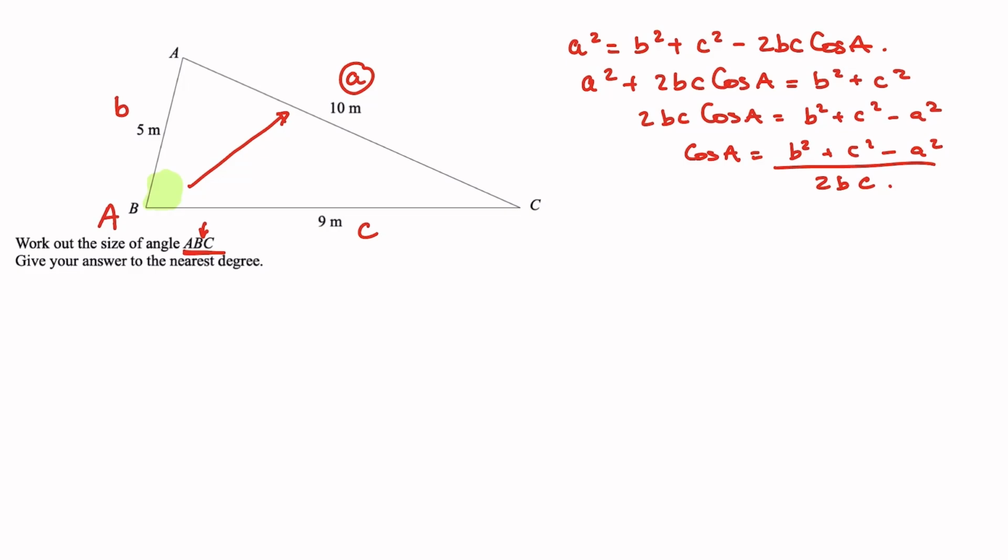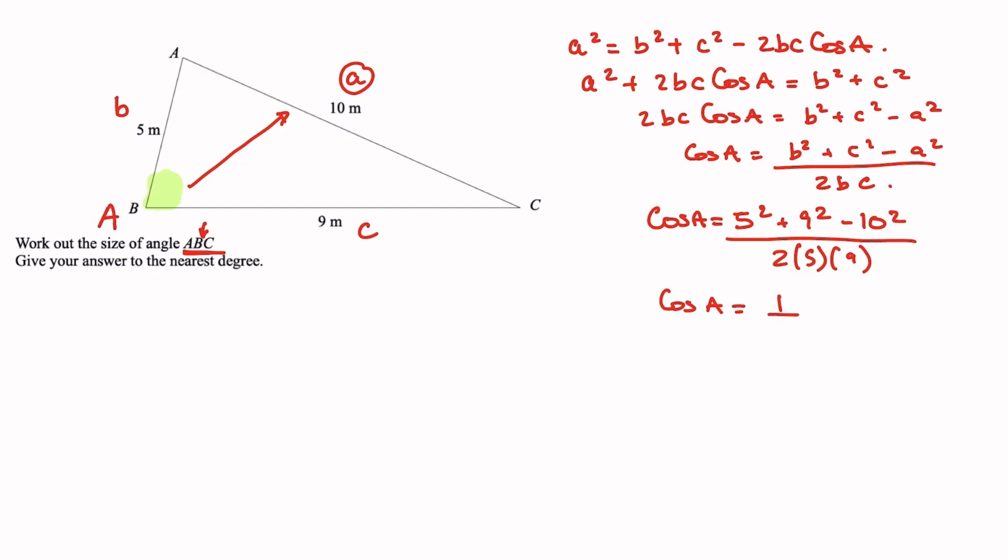So now if you substitute in, cos A will be equivalent to my b, which is 5 squared plus 9 squared minus 10 squared, over 2 times 5 times 9. If you put this in a calculator, cos A will give you a value of 1 over 15. Of course, this answer is simplified.